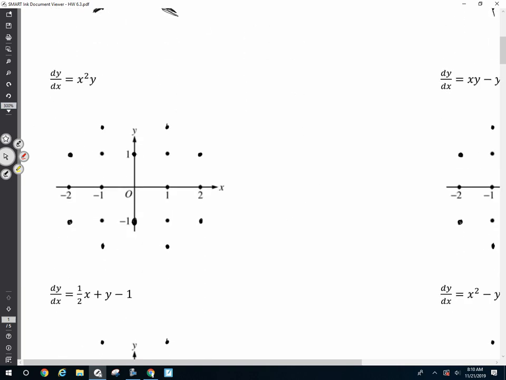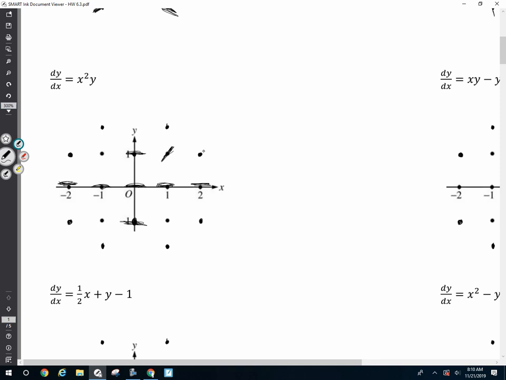All right, x squared y. So let's talk about when y is 0. Everything's going to be 0. When y is 1, we'll have x squared. So when x is 0, everything's going to be 0 as well. (1, 1).